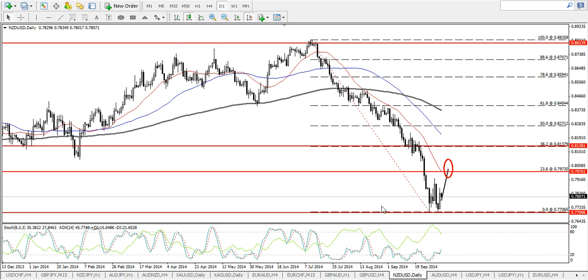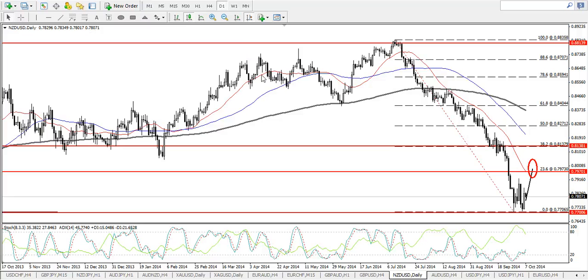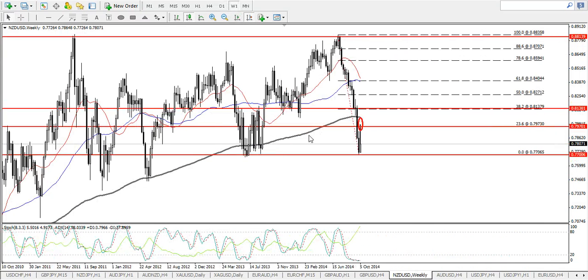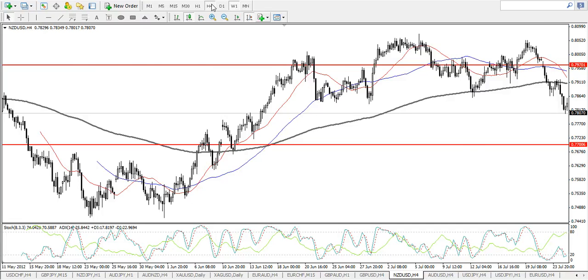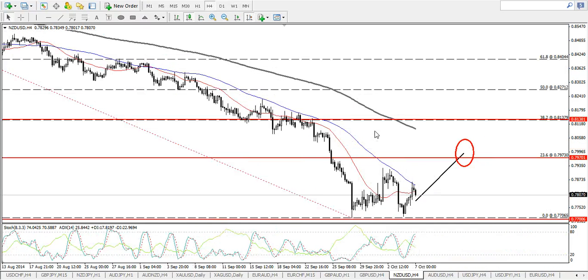Now we shall look at the New Zealand against the US dollar. We can see that price has previously reached a low back in 2013 July, and it has rebounded off as a retracement. Now this is the 4-hourly chart. We can see the price has been resisted by the 55 moving averages, all this area, and right now it has come back again and touched the 55 moving averages and got resisted.